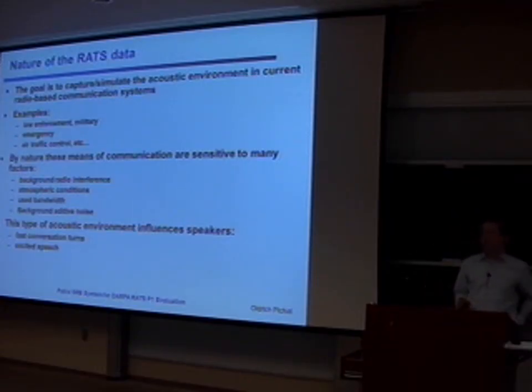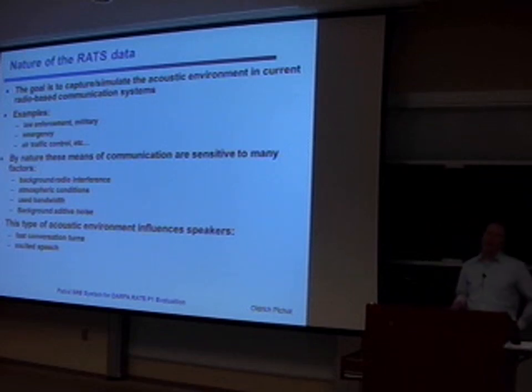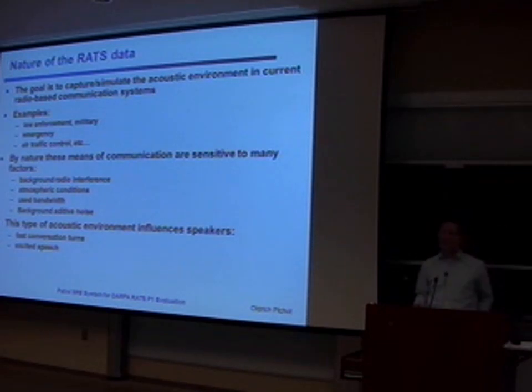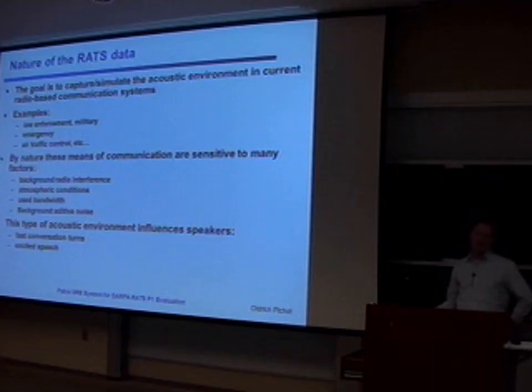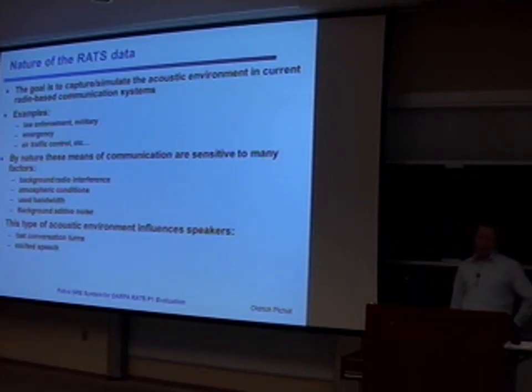If you have a narrow spectrum, it's much more difficult to transmit, and you're subject to more radio interference. Also the background additive noise is usually quite high, because the data are taken at locations which are very noisy, in a moving vehicle or on the battlefield. So it's very distorted data.